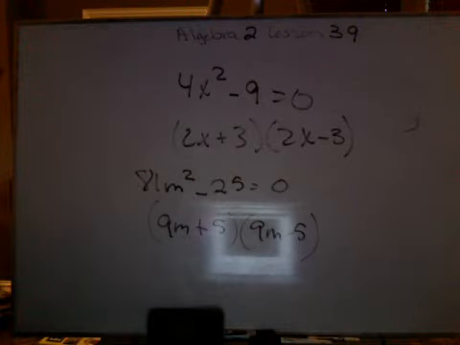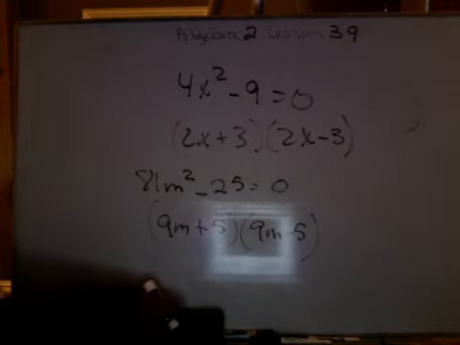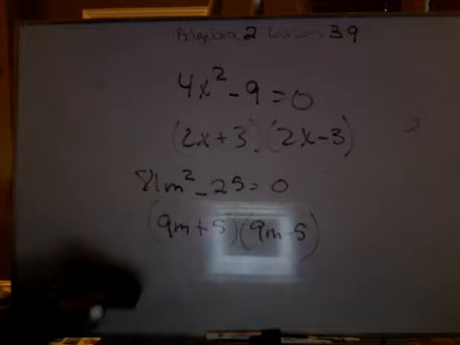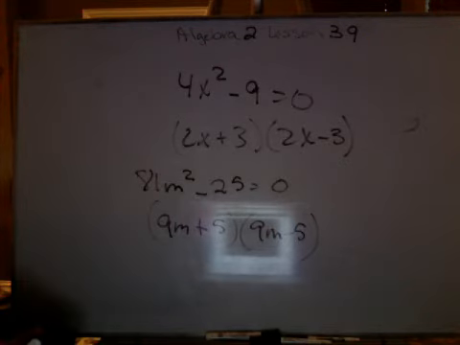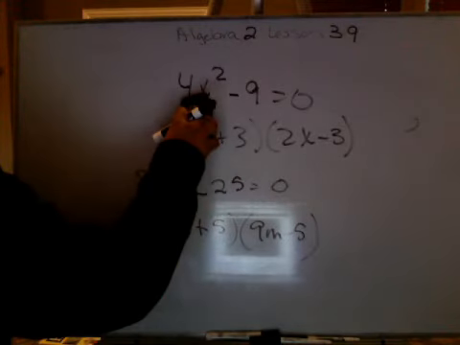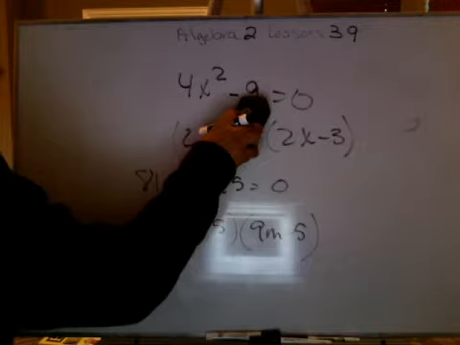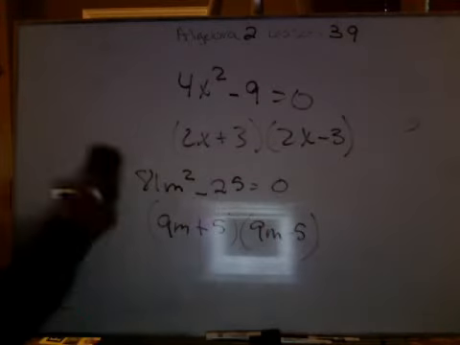Then we simply set them equal to 0 using our zero theorem, and we solve for m and get negative 5 ninths and positive 5 ninths. So that's all factoring of difference of squares: recognizing that the first term is a perfect square minus the second term, which is a perfect square. Alright? So let's move on to our proofs.